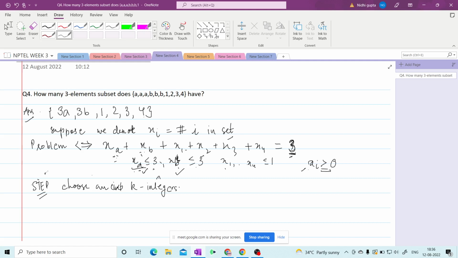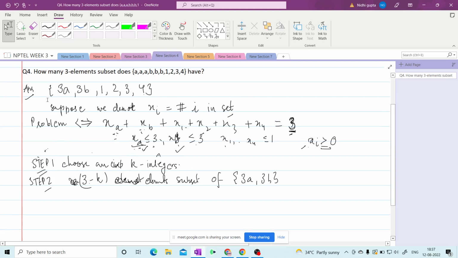Step 2 is, then we choose a 3 minus k element subset, 3 minus k elements, subset of 3a, 3b. Is this fine? Why can we do this?